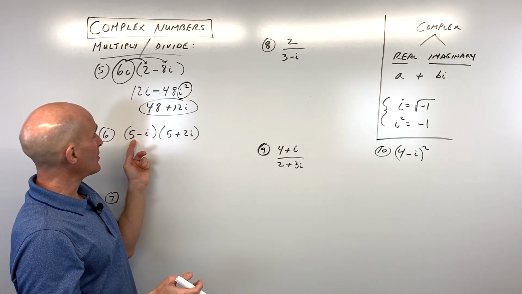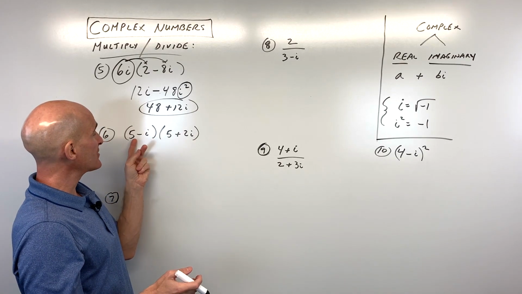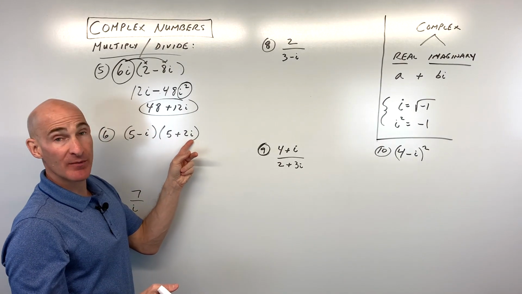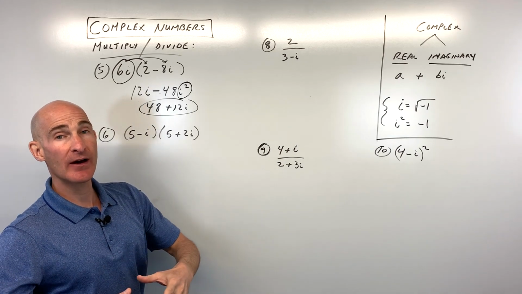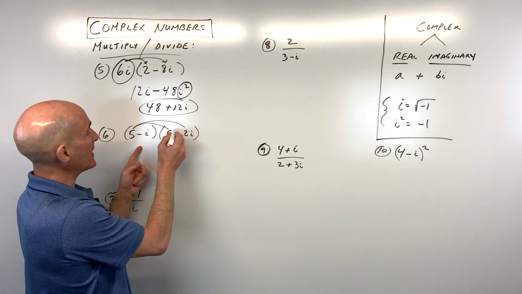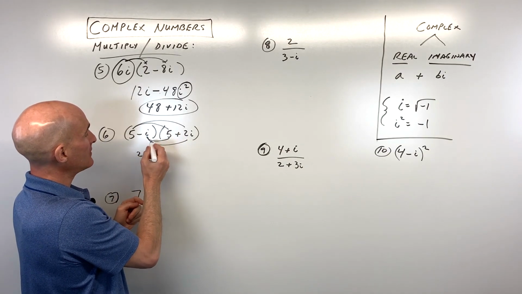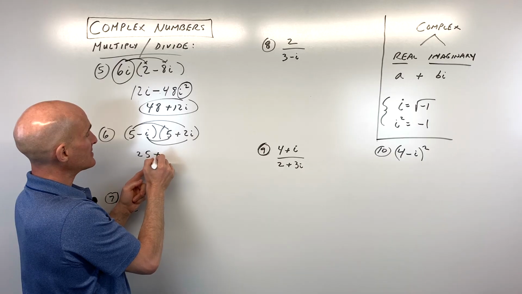Let's try number 6. We have a complex number times a complex number, and you can think of this as a binomial times a binomial. So you have to FOIL, or you can think of doing the distributive property twice. So 5 times 5 is 25. 5 times 2i is 10i.